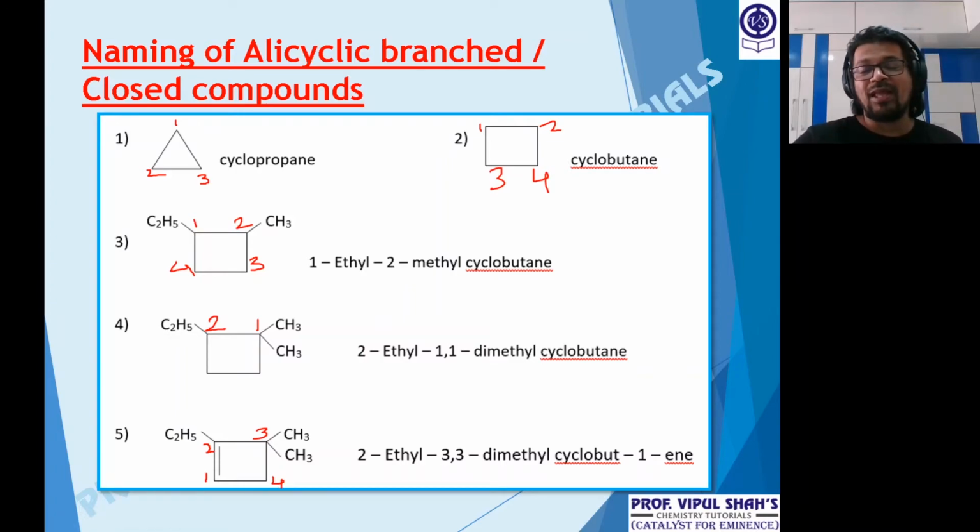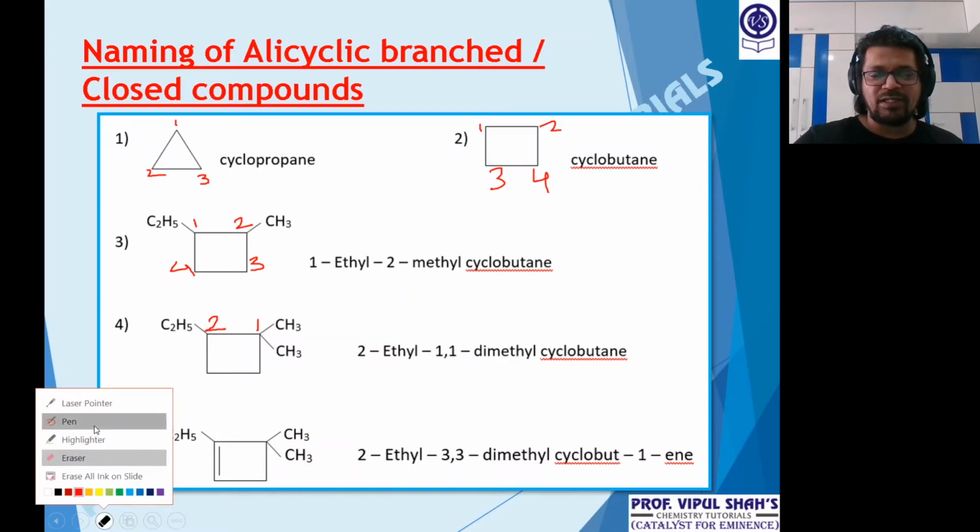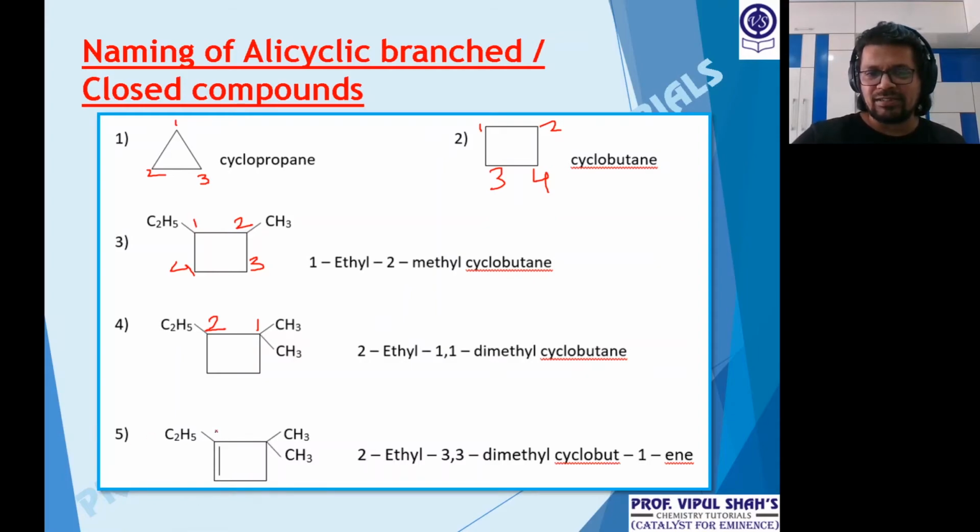Before I go, sometimes students say, sir, can we number from this side so that the branch also gets the lower number? What I'm talking about is people do this numbering. This is wrong, but this is the mistake everybody makes. 1, 2, 3, 4. Sir, you only said lowest numbering to the double bond. I have done that. Lowest numbering to the branch also. So this is more preferred. Now why is this numbering wrong?